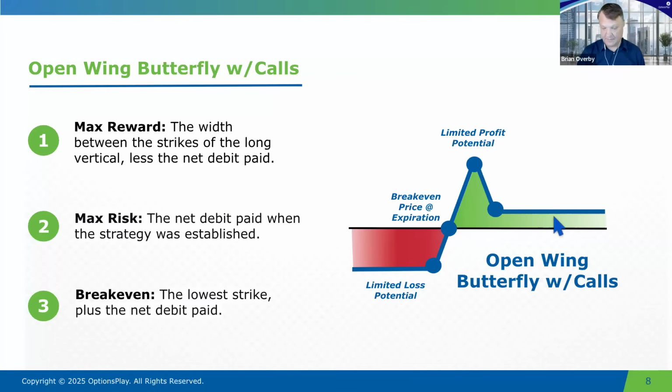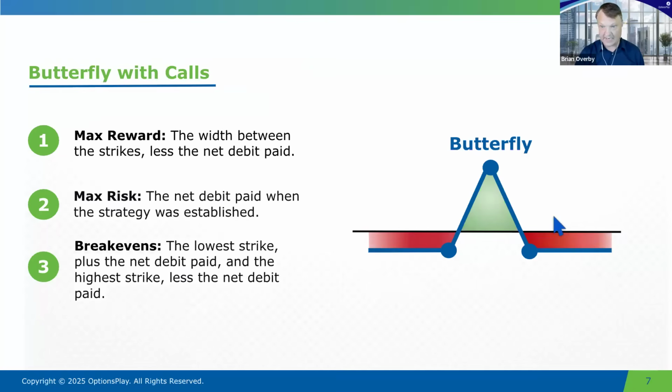So if you go back here, and I'll jump back one slide, this is the short spread, this is the long spread. They're both the same width, and because of that, you get more of a credit from the short spread to help pay for the long spread.